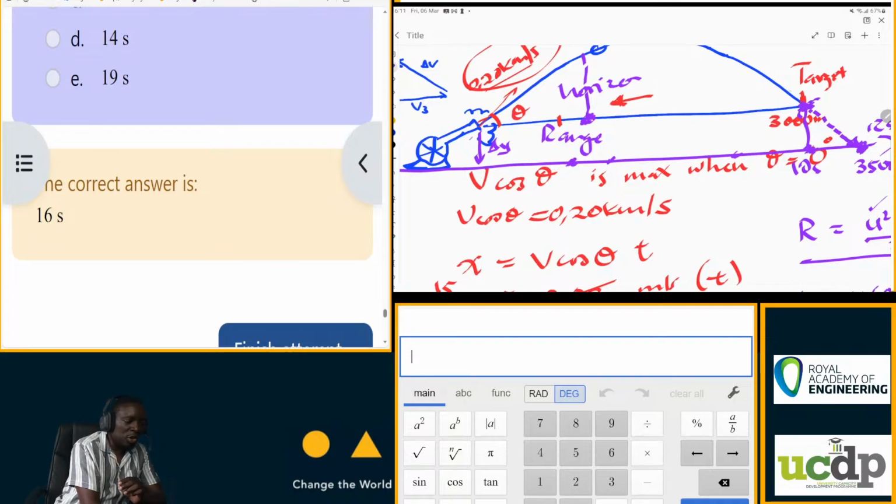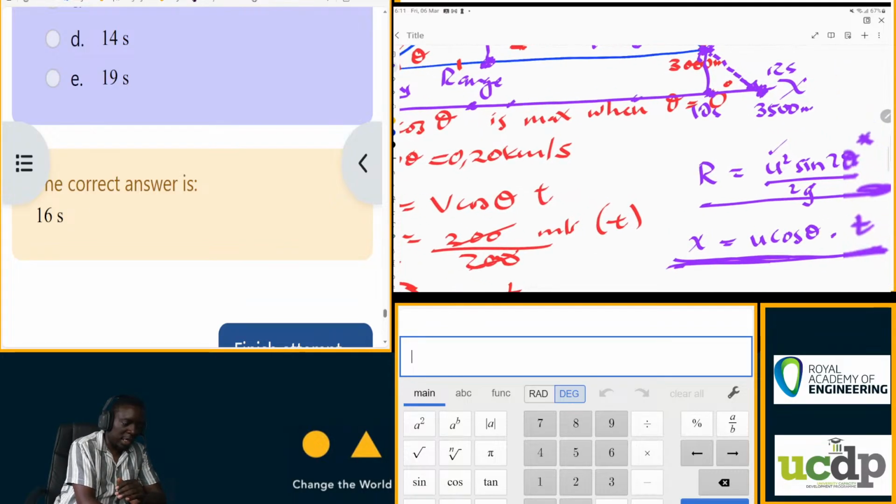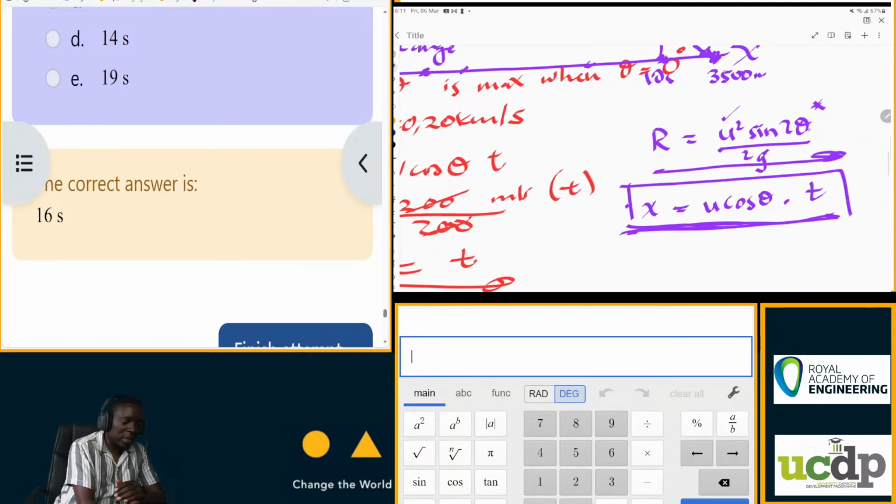The term range, in most cases, is used for finding the maximum distance at the same height as the launch that the projectile will reach. That's my understanding of range. But any other position, if it's not described otherwise, your equation should be the one for horizontal displacement. Okay, thank you for that question.